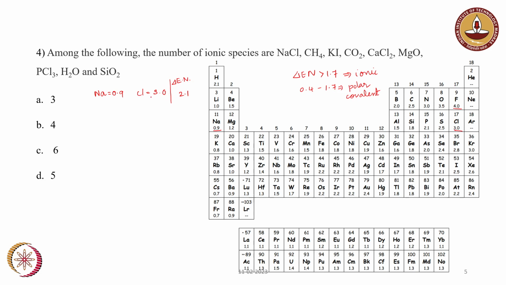So NaCl has a 2.1 electronegativity difference, which is greater than 1.7. So it's an ionic compound.